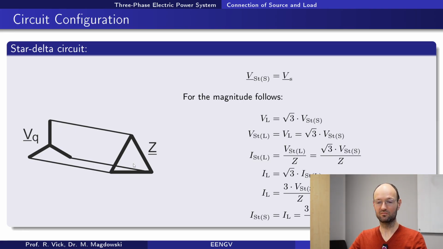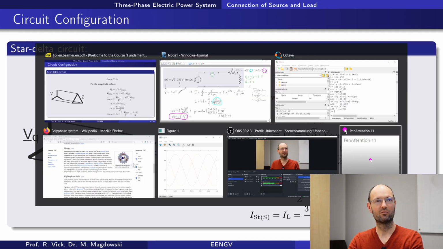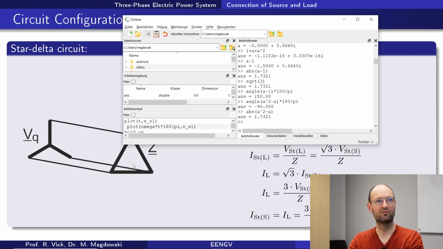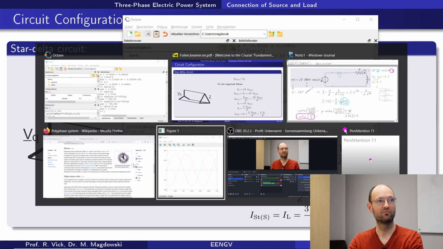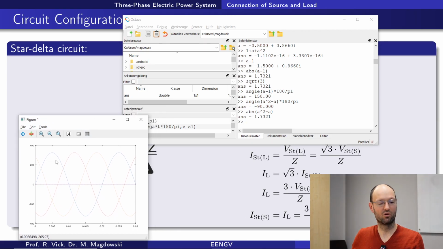And I know we are a little bit over time already, but one last thing that we might try, if we are here in our Octave window, and if we already had the plot here and discuss that the sum of the 3 voltages is 0.